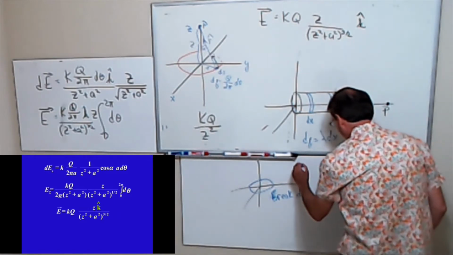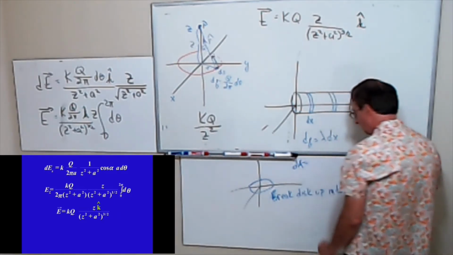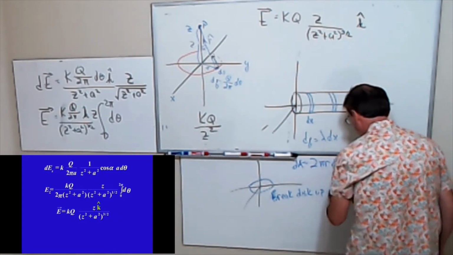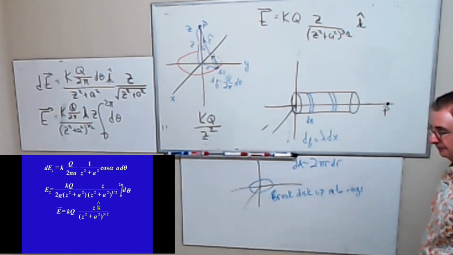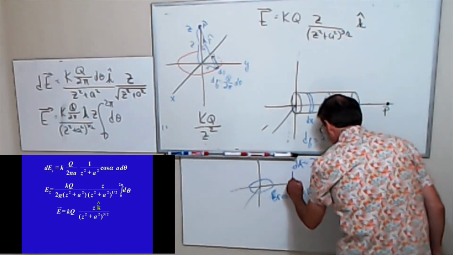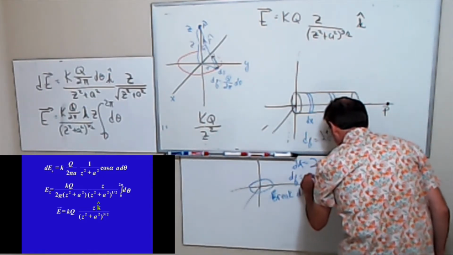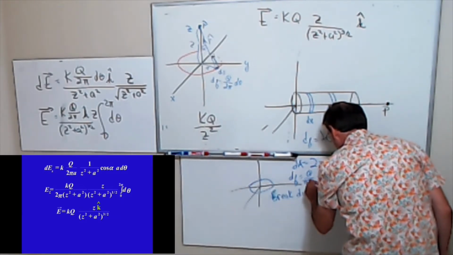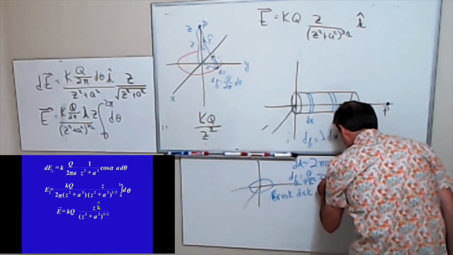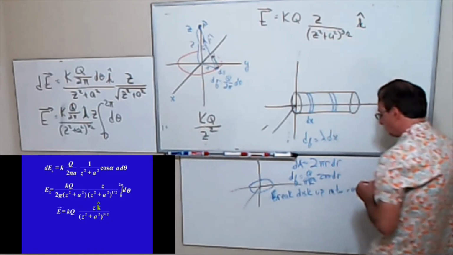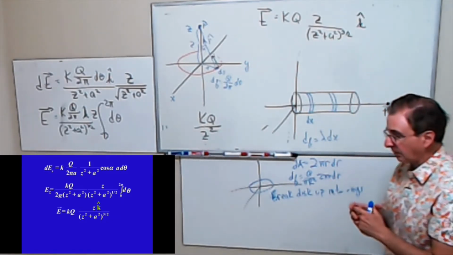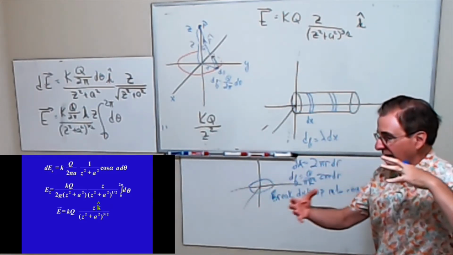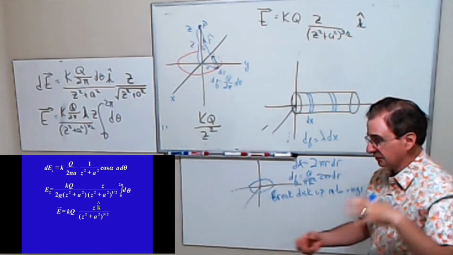And the dA for the ring is 2 pi r dr, and the dq is whatever the radius is. So for part B, once you've done part A, all you got to do is integrate along the ring, along the radius.